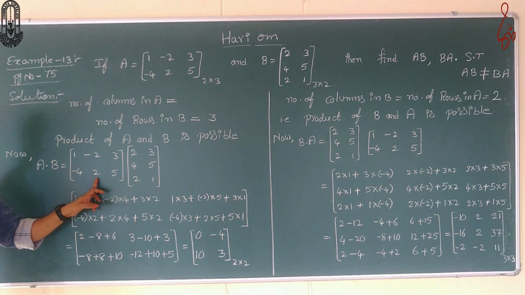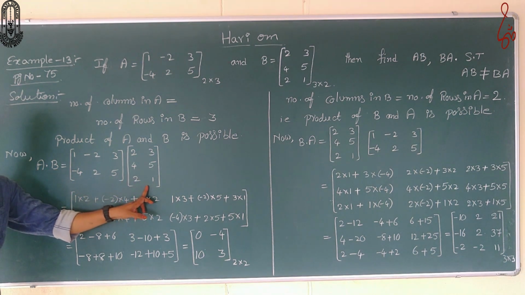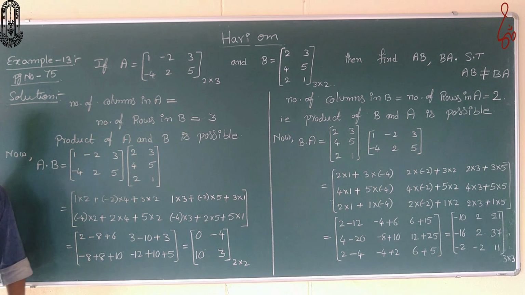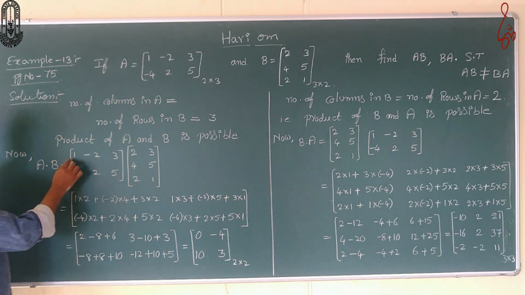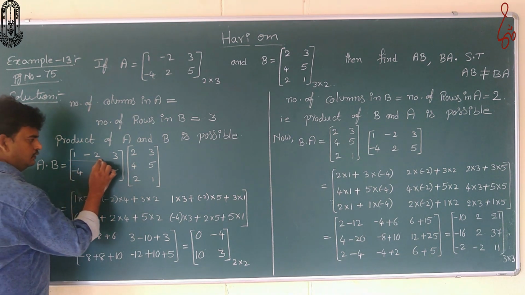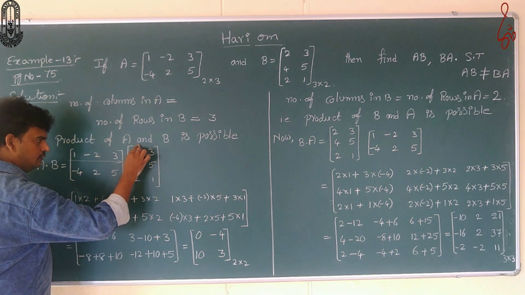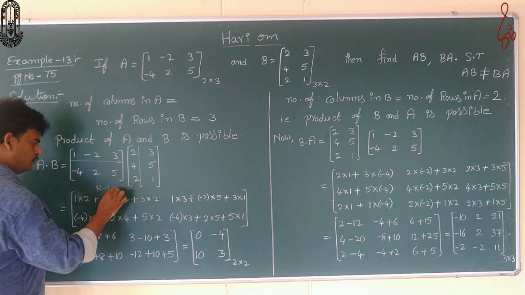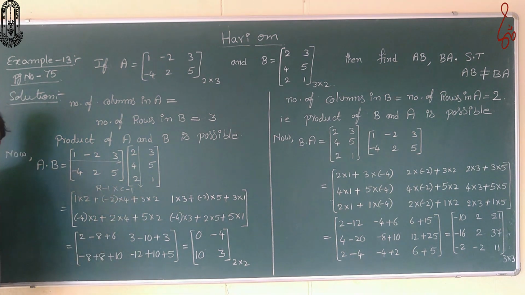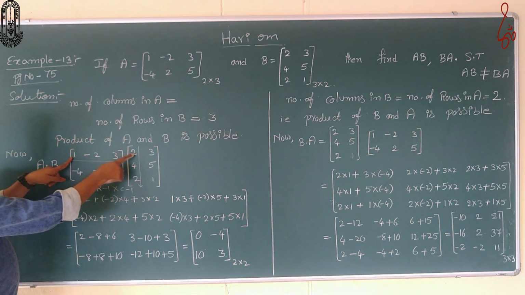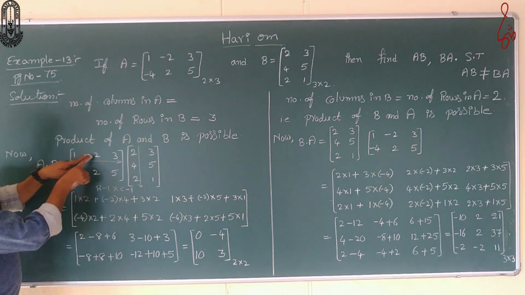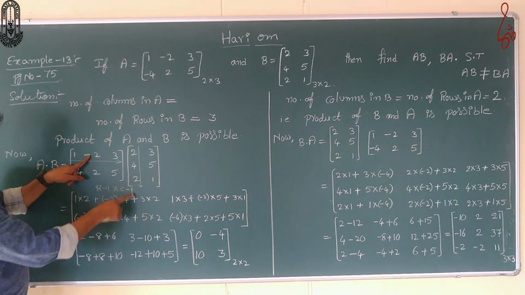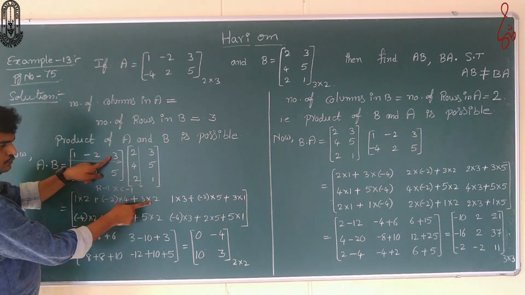So, we are taking the first matrix A and the second matrix B, and we are going to multiply. We know how to multiply. As we discussed, row 1 with column 1. Here I am multiplying row 1 elements with column 1 elements: 1 into 2 plus minus 2 into 4 plus 3 into 2.